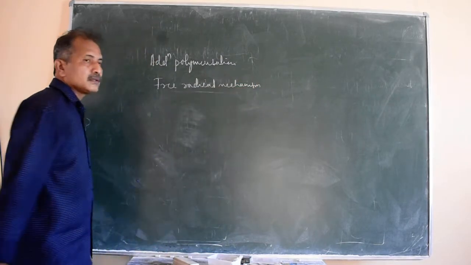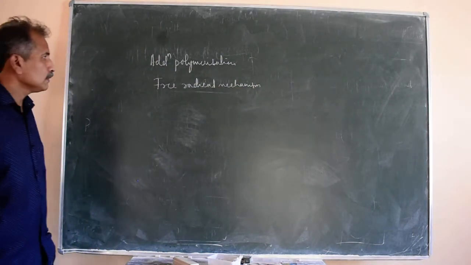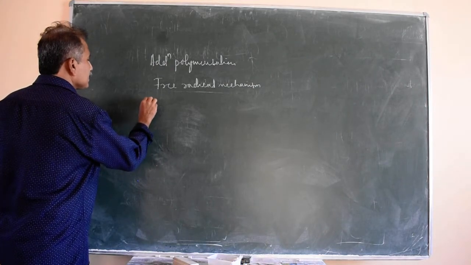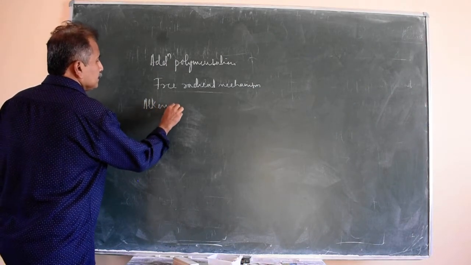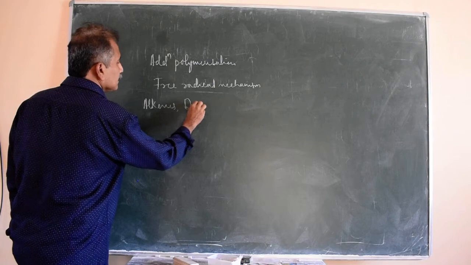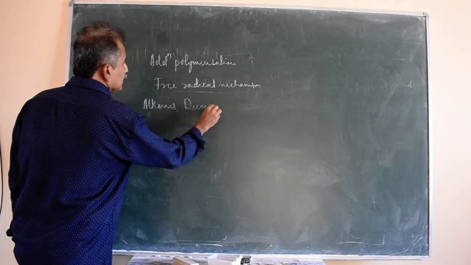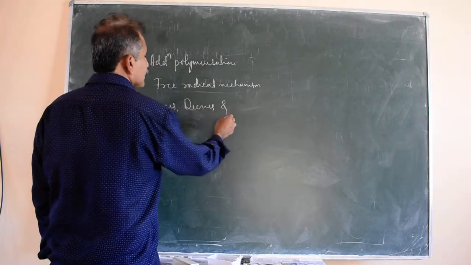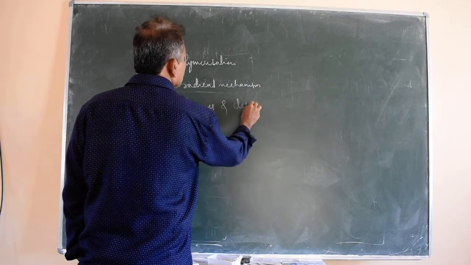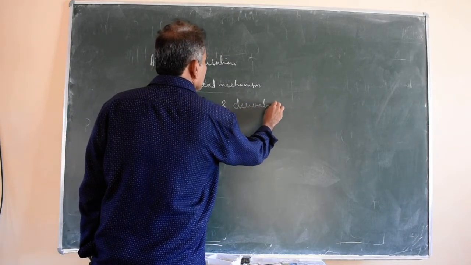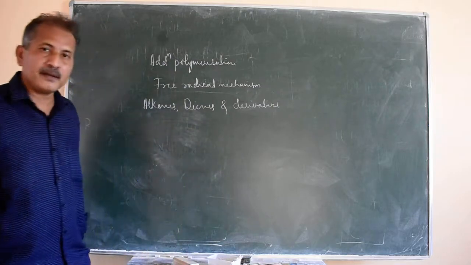And generally what compounds are used? Generally alkenes, dienes and their derivatives. So this becomes the raw material.